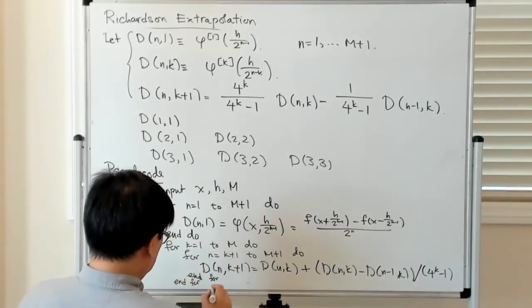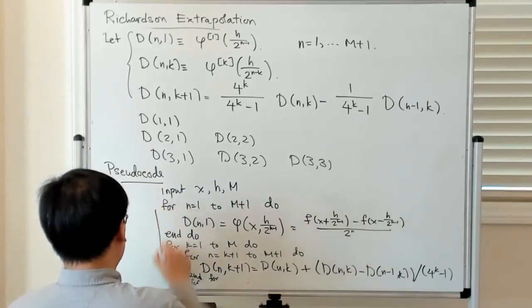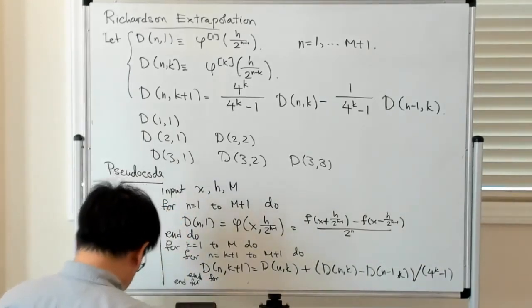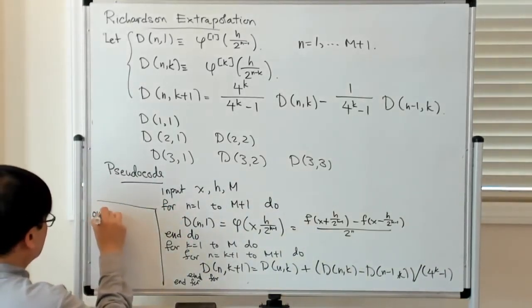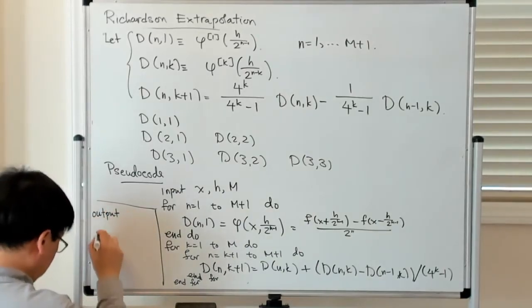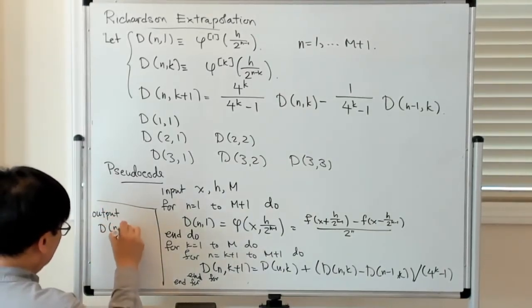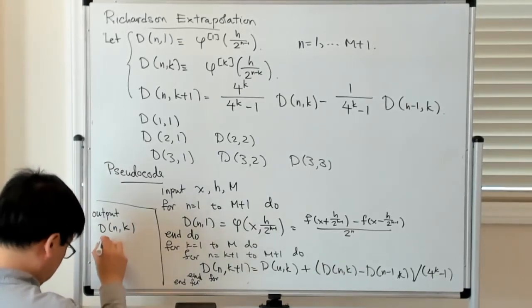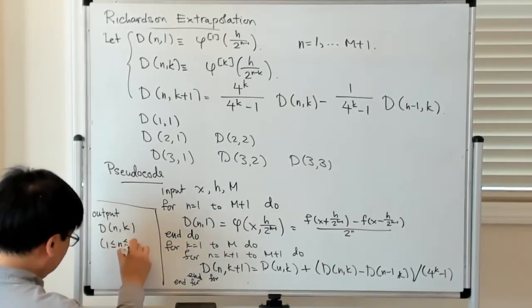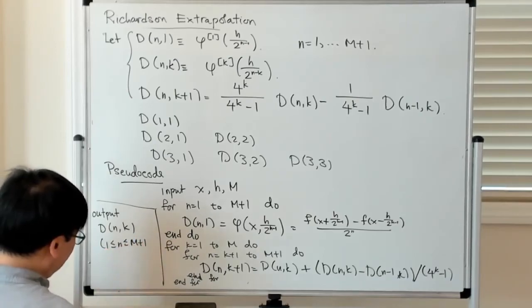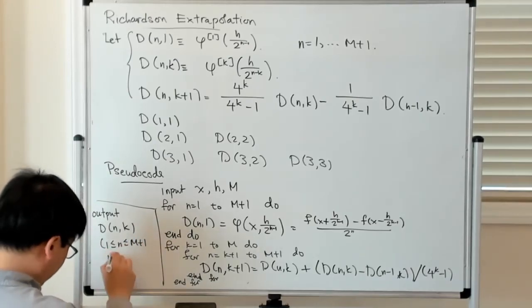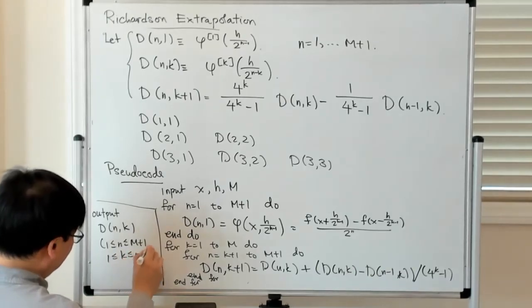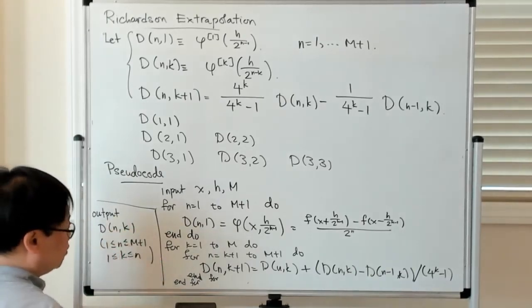I'm out of space, so the last thing is to output the thing. You output D(n,k) for n between 1 and m plus 1, and k between 1 and n. So you output the entire matrix.